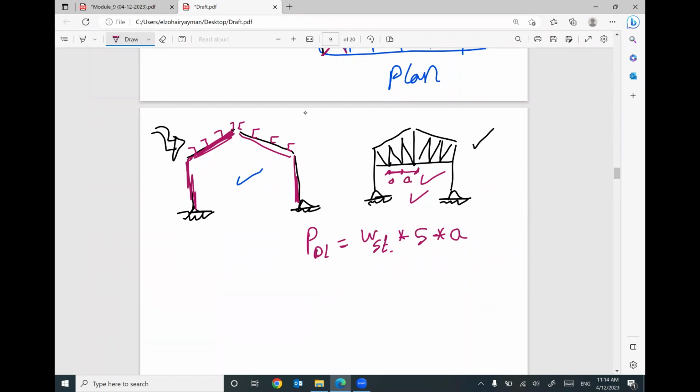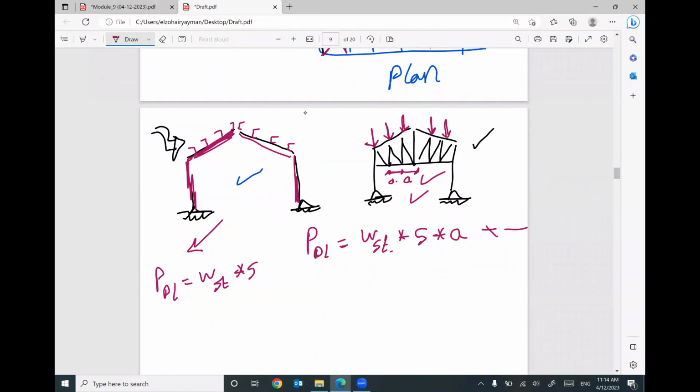In frame, we did not. The dead load equals W plus something, W structure times S only, without A. The result here, I will convert the dead load to be one concentrated load at each node of your truss.